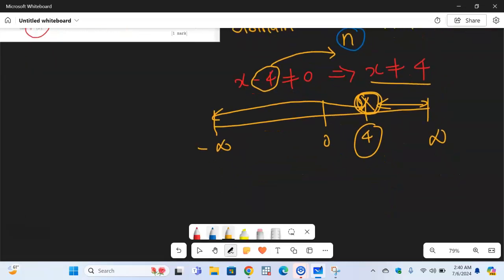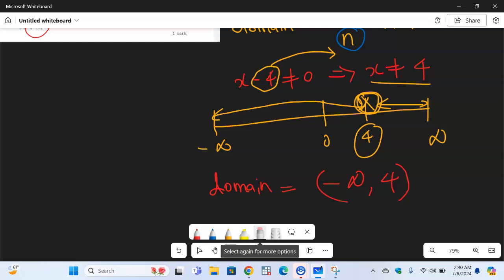So our domain will be anything from negative infinity, but when you get to 4, don't include it. This is a sign of non-inclusion.